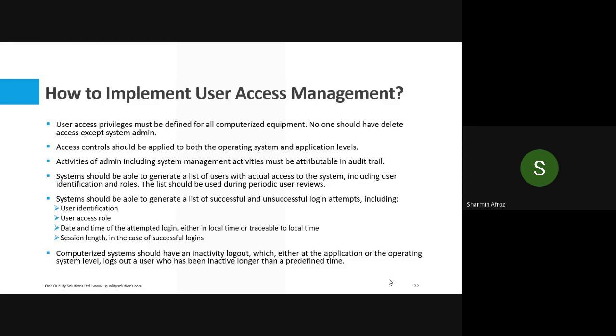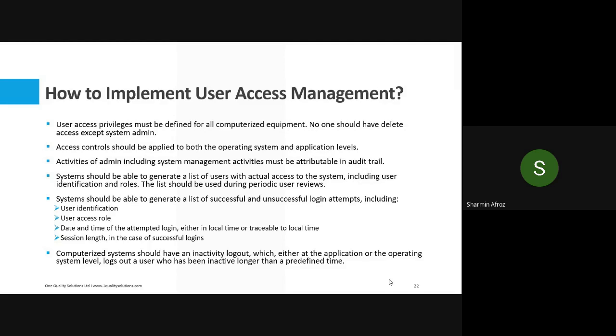The system should be able to generate a list of users, like the deactivated or activated or available users in the system. And the list should be under periodic review.